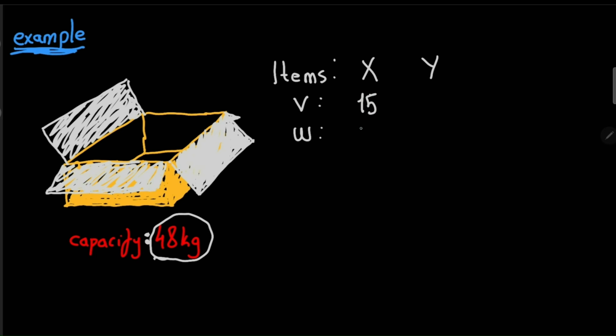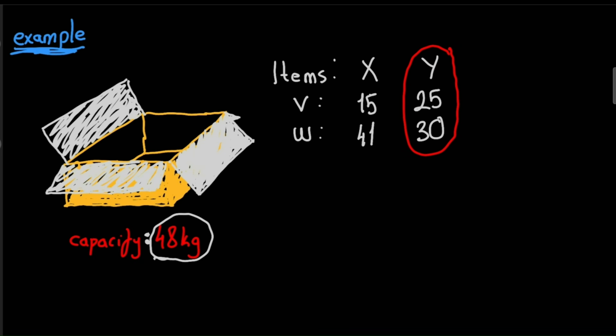The weight can be 41, and for Y the value can be 25 and the weight can be 30 kilograms. So now we can select the best one, right? Because we have only two possible items, so we can directly select the best one.